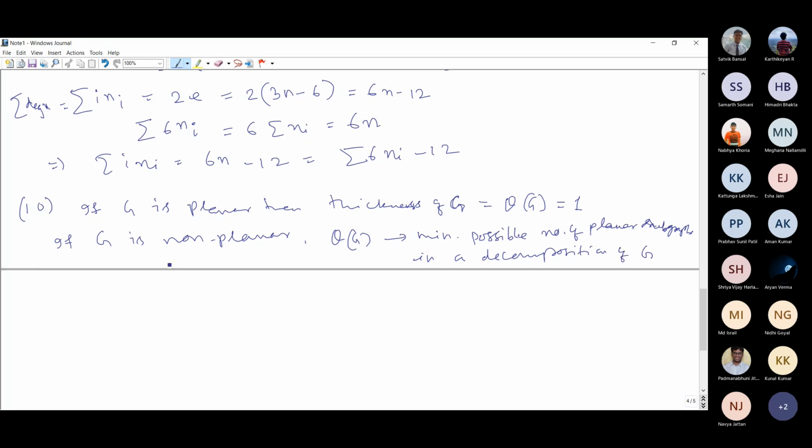Okay, so decomposition means, you remember? Let us recall what we mean by decomposition. Decomposition means a collection of subgraphs.